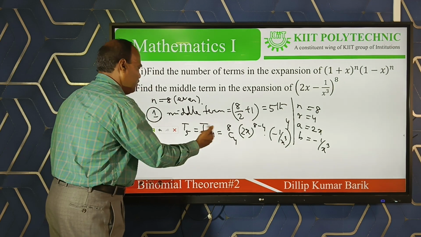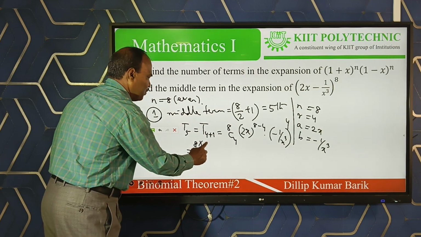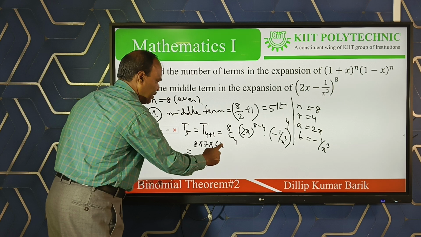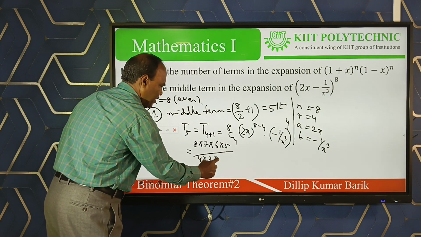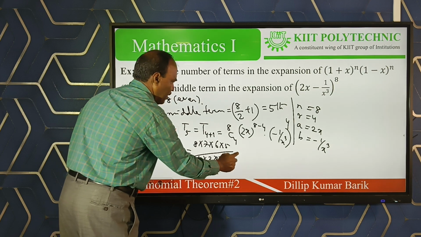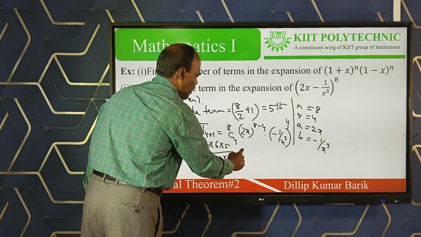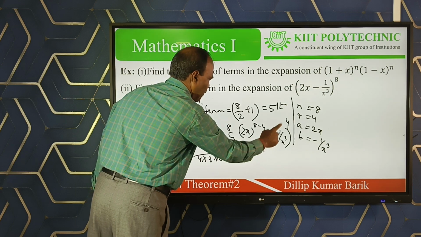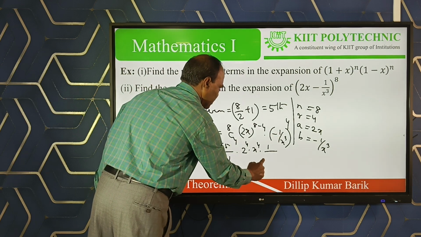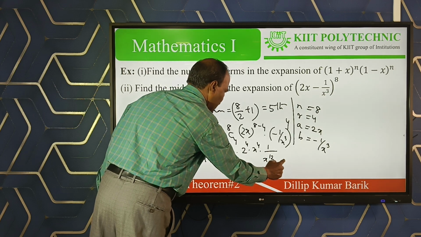And using our common pattern, 8 into 7 into 6 into 5 divided by 4 factorial, meaning 4, 3, 2, 1, and (2x) whole to the power 4, 2 to the power 4, x to the power 4, minus to the power 4 is plus, and this is x to the power minus 12.